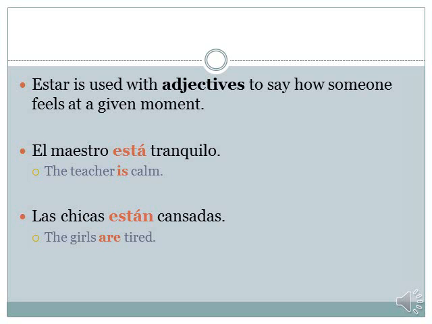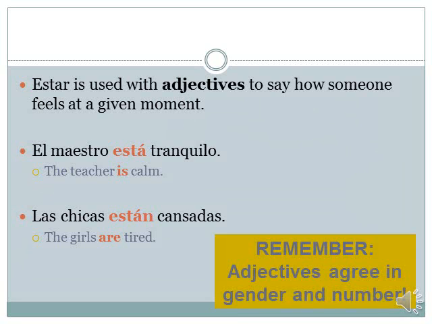Or if I wanted to say the girls are tired, I could say las chicas están cansadas. Okay? So you remember you have to make those adjectives agree in gender and number. Since el maestro is a masculine singular noun, tranquilo is also a masculine singular adjective. But since las chicas is a feminine plural noun, cansadas changes to match that.